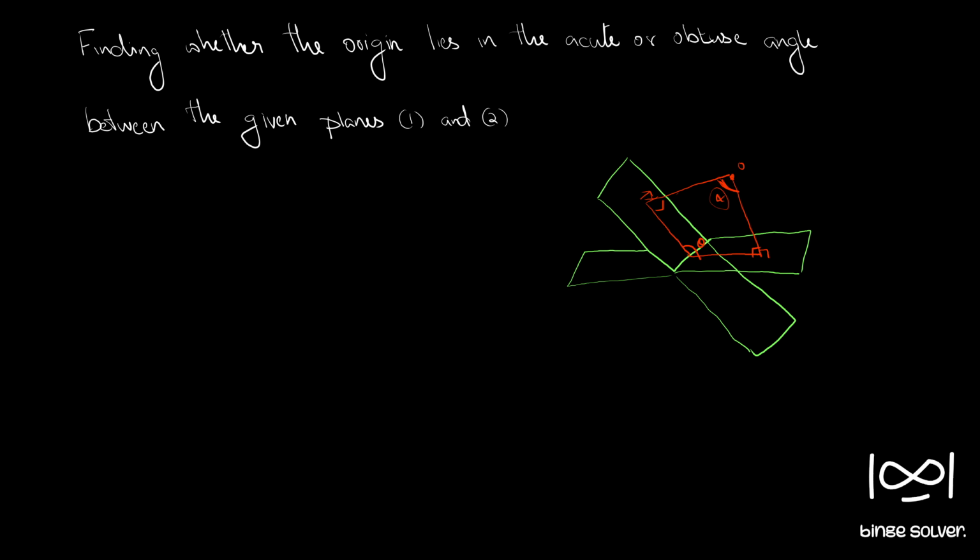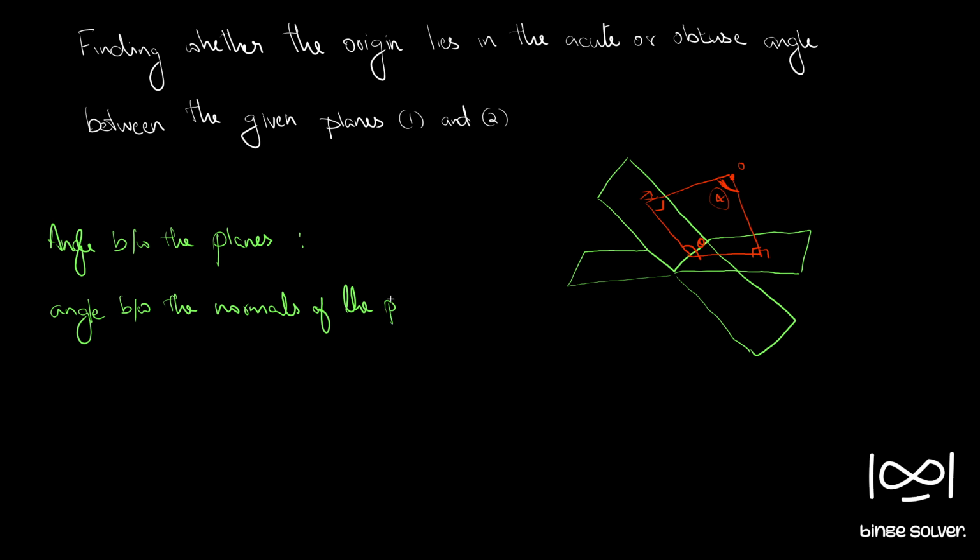If you remember the definition of the angle between the planes, we have to have some clarity here. From the earlier concepts, the angle between the planes is defined as the angle between the normals of the planes.